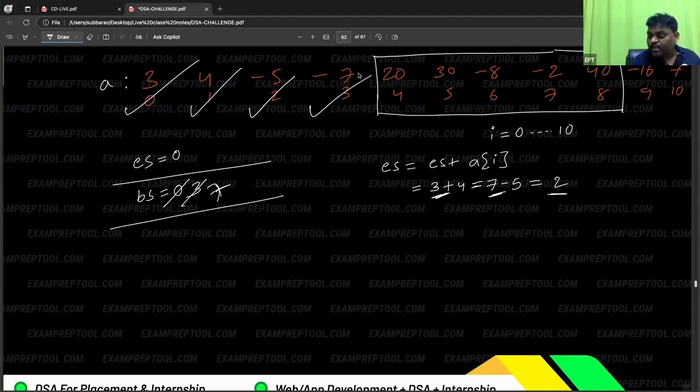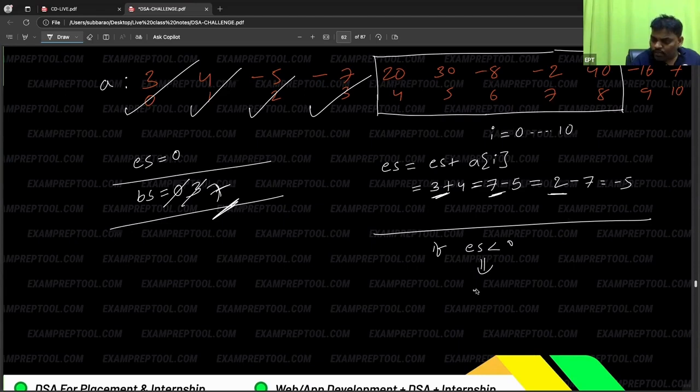Everyone listen. Next is minus 7. So 2 minus 7 is going to be minus 5. So overall it is negative, so best sum doesn't change. But one more rule is there. Whenever every time sum becomes less than 0, then you have to make every time sum 0, which means ignore the previous things.